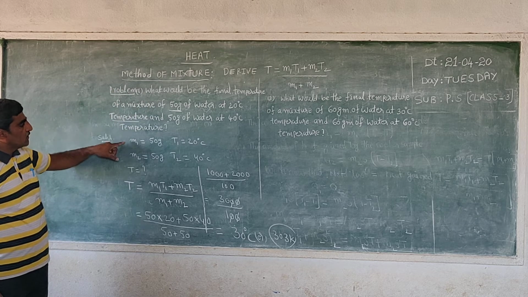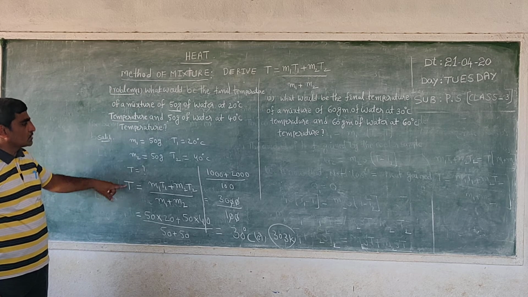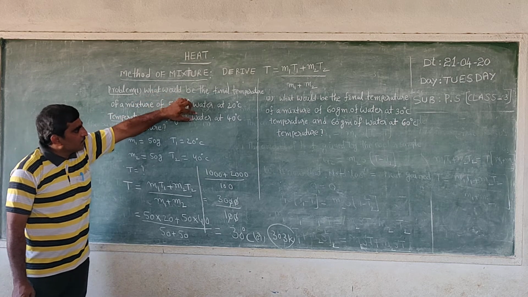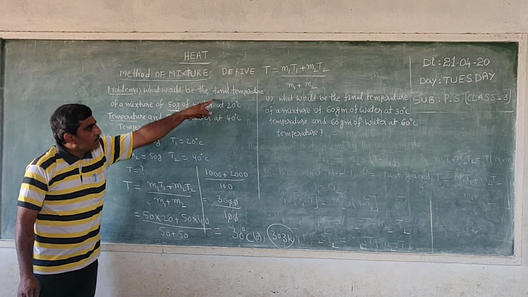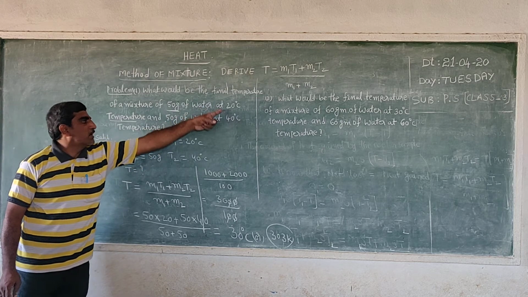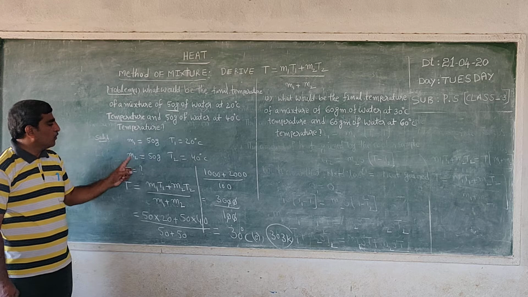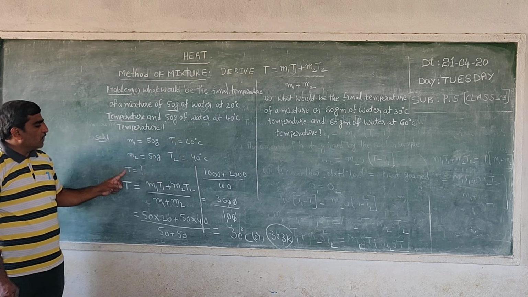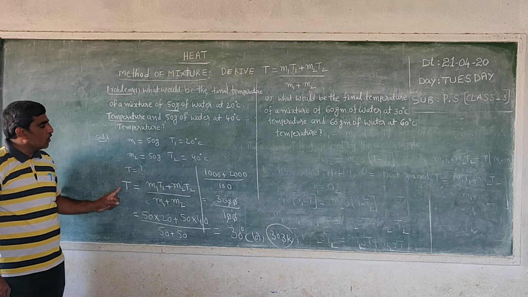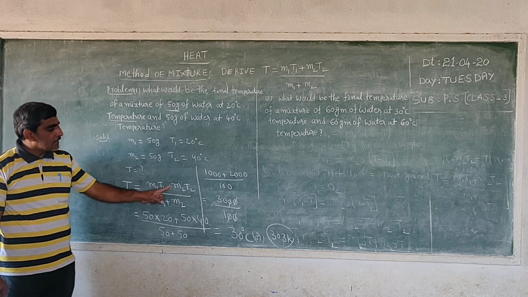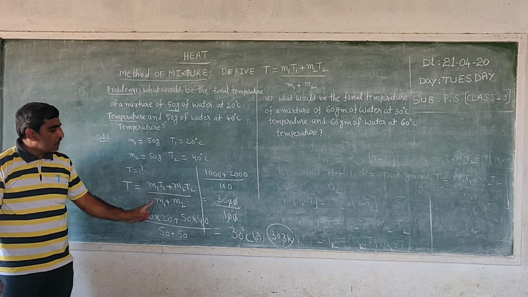We can write water given and water find out. The mass of the substance is the same, but the temperatures are different. So M1 equal to 50 grams, T1 equal to 20 degrees Celsius, M2 equal to 50 grams, and T2 equal to 40 degrees Celsius. We can find the final temperature of the mixture. T equal to M1 T1 plus M2 T2 by M1 plus M2.